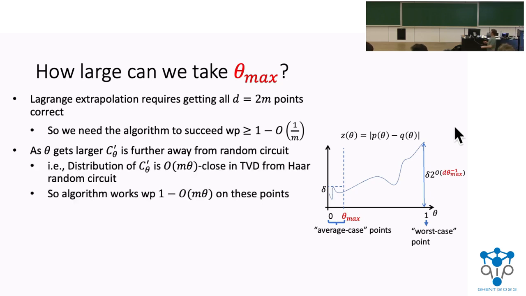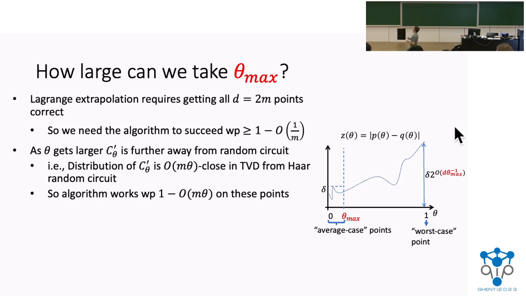Well, it turns out we can. This is a calculation that I'm not going to go through, but we can ask how close is the distribution of the circuit, C prime theta, to a truly Haar-random circuit, right? And it turns out we can express an upper bound in the total variation distance of m times theta. So in other words, for each gate, we're sort of adding a theta factor, okay?